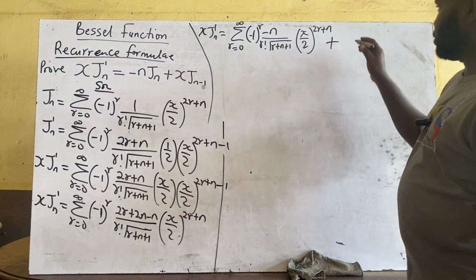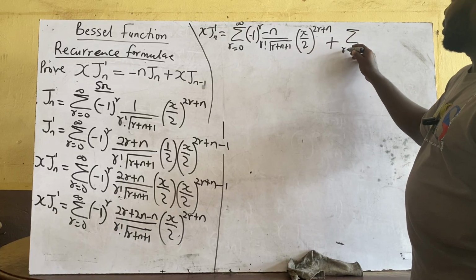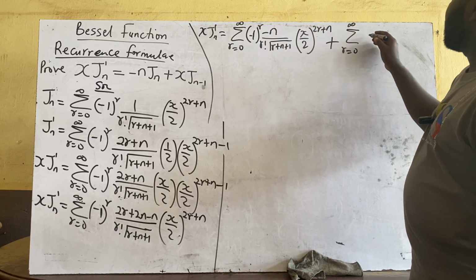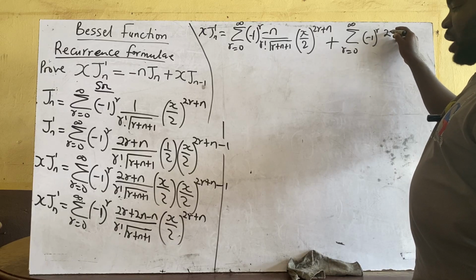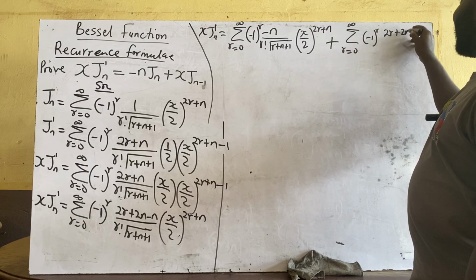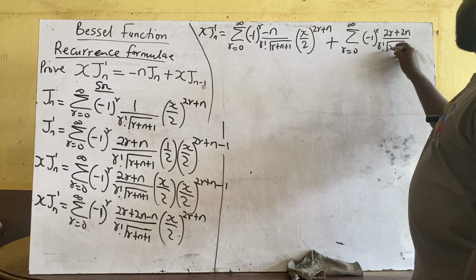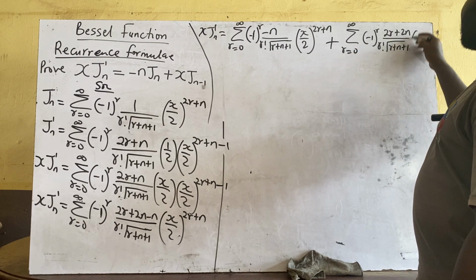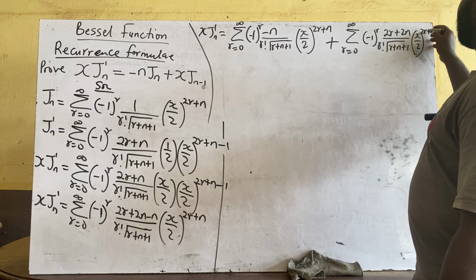And this 2 is going to give me the summation of r starting from 0 to infinity of minus 1 raised to power r, then I'm having 2r plus 2n, all over r factorial, the gamma function of r plus n plus 1. Then I'm having x over 2, then 2r plus n.